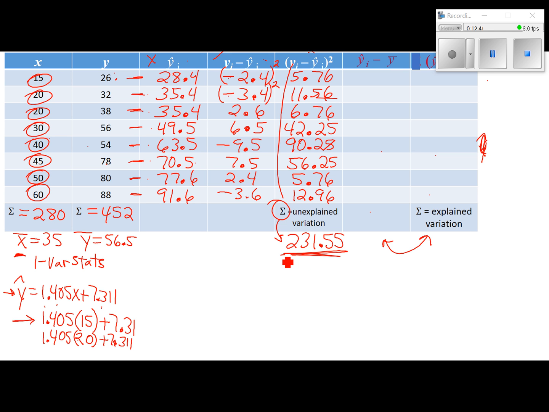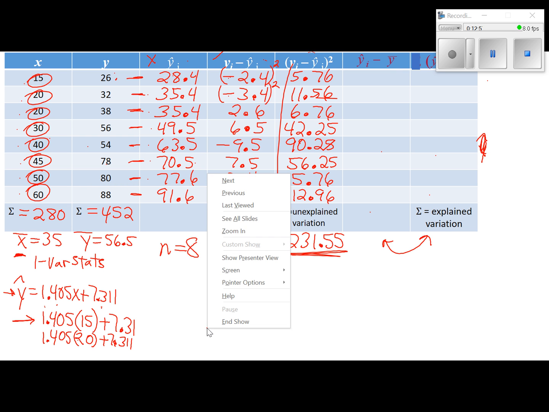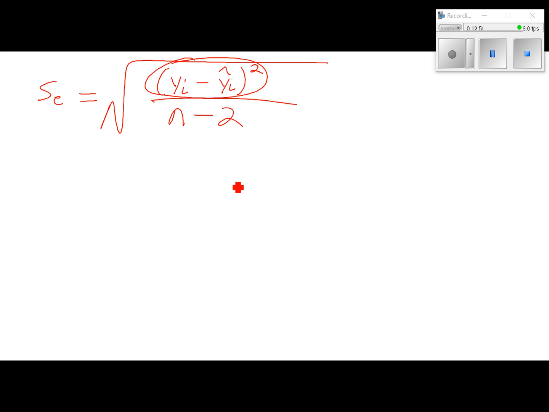And then the other thing that we need is we need our n. Our n is 1, 2, 3, 4, 5, 6, 7, 8. So n is 8 in this case. So all I'm going to do is plug all that in. The top part was 231.55. The bottom was 8 minus 2. Well, 8 minus 2 is just 6.